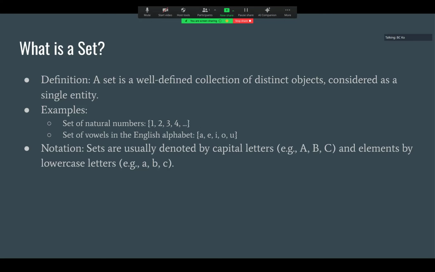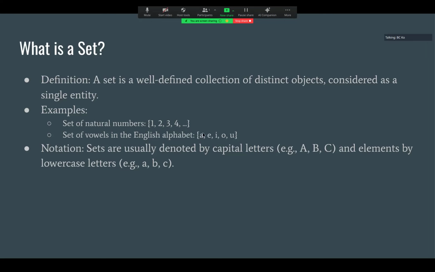What is a set? A set is a well-defined collection of distinct objects considered as a single entity. So, for example, the set of natural numbers can be represented as 1, 2, 3, 4, dot, dot, dot.